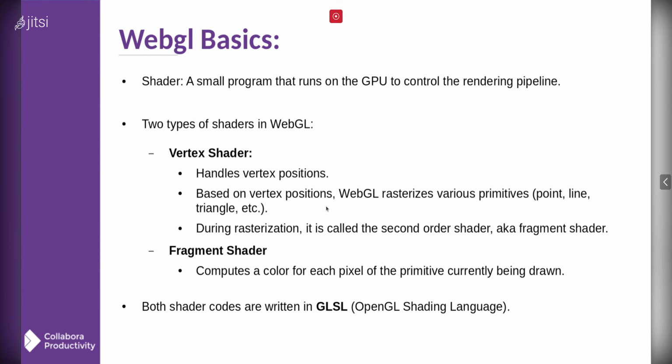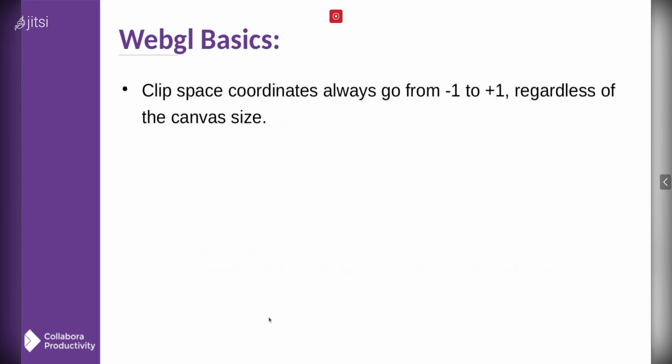Then WebGL rasterizes primitives like points and triangles, and during rasterization it also calls the fragment shader. The fragment shader sets the color of every pixel. Whenever you see color on the canvas, that's done by the fragment shader. Both are written in GLSL, the OpenGL Shading Language.